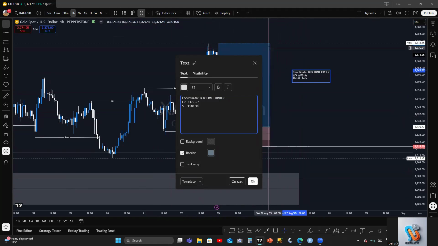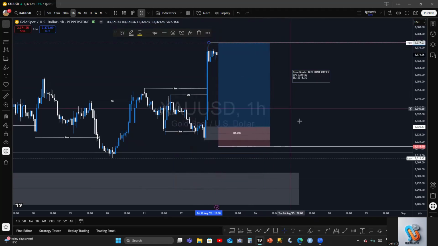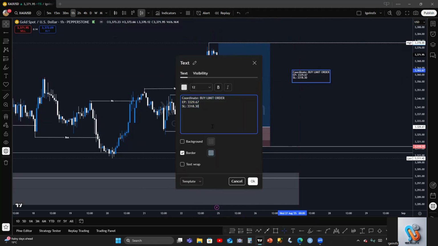Then our target from this reversal point here, that is TP, 3378.85.